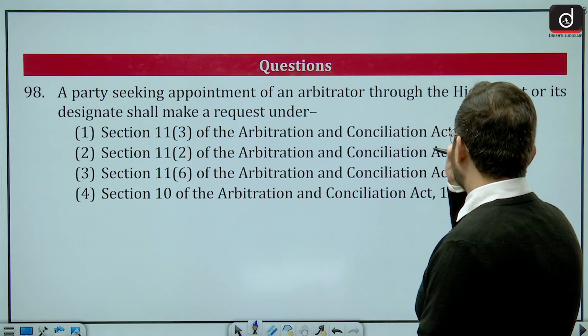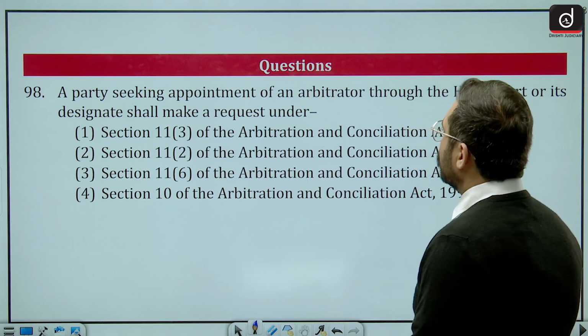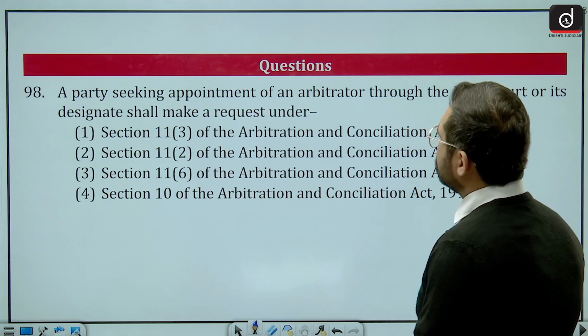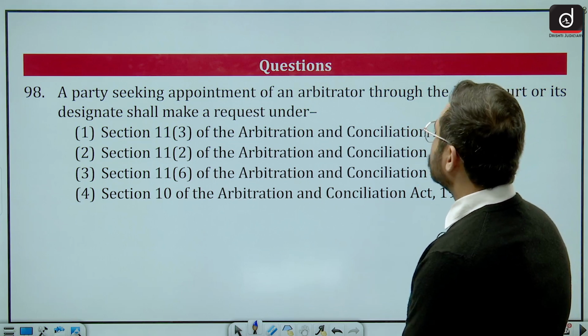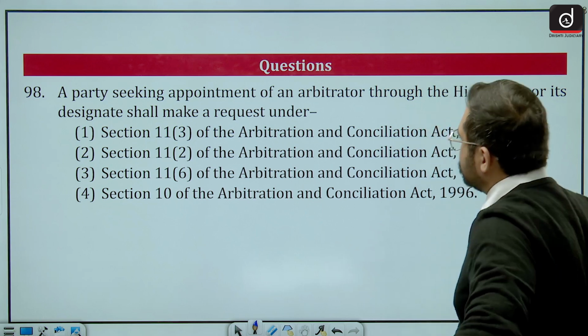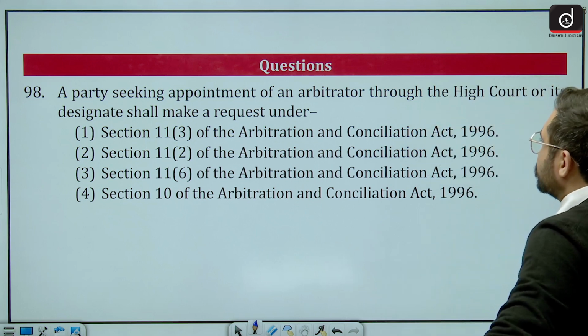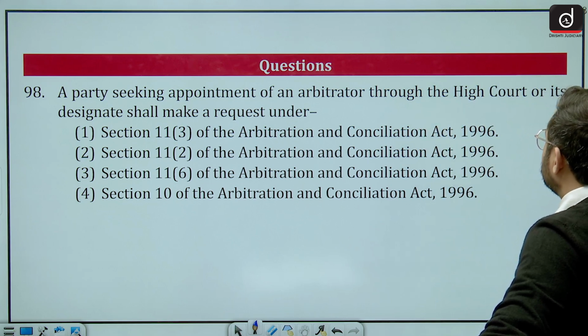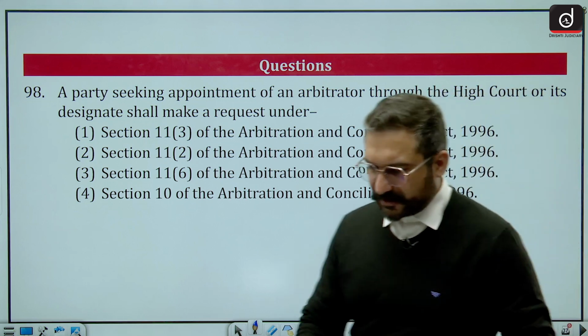4 is your answer. Indian Contract Act भी बड़ा आसान है. Party seeking appointment of an arbitrator through the High Court or its designate shall make a request under. I think this question was also not taken care of yesterday in this slide. This pertains to arbitration.